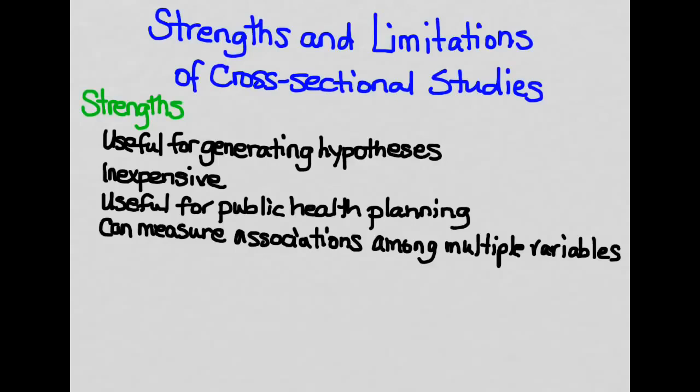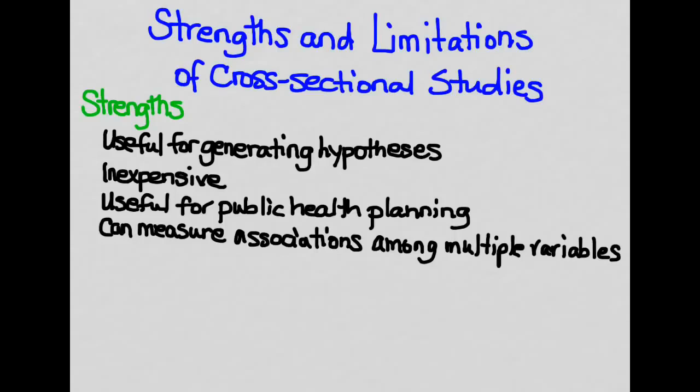Okay, so quickly, the strengths and limitations of cross-sectional studies. So first, they're useful for generating hypotheses. So we saw that there's a strong correlation between obesity and diabetes that suggests the possibility that obesity might cause diabetes, or vice versa, I suppose.